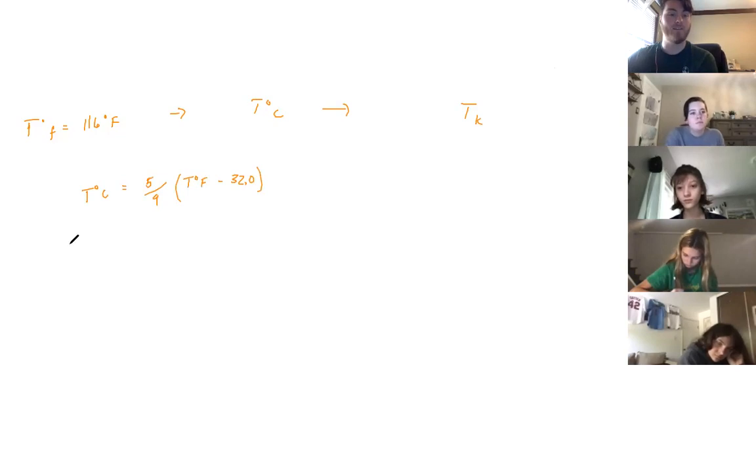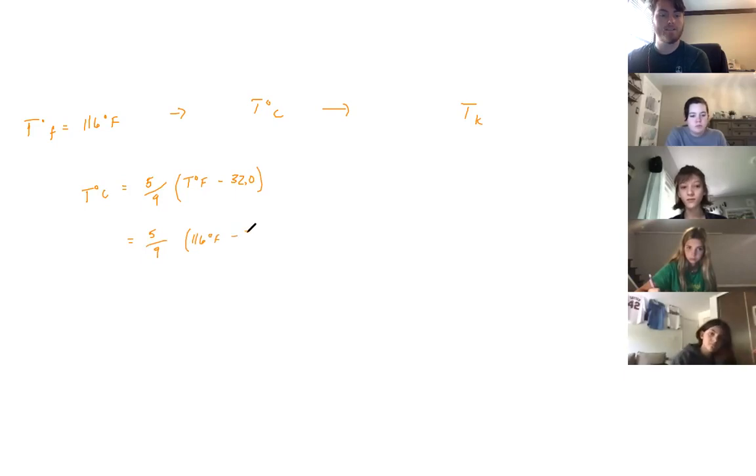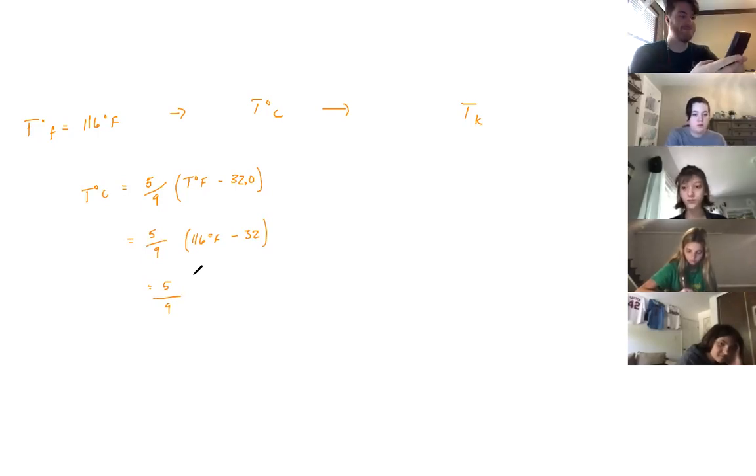If we plug it in, we need 5/9 multiplied by 116 degrees Fahrenheit minus 32. Then we're going to get 5/9 multiplied, head math, 84.